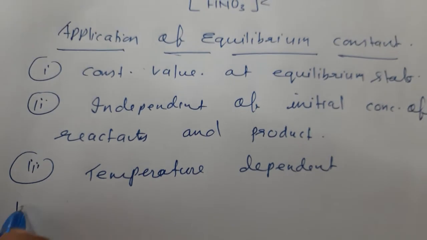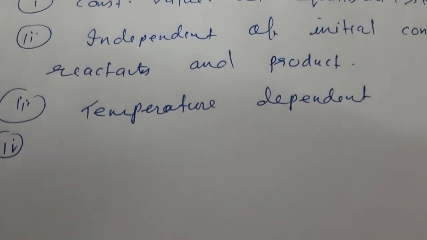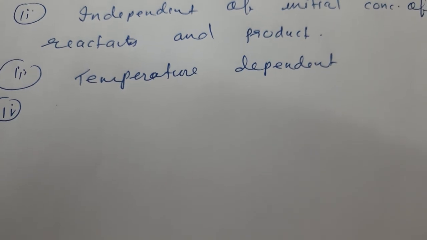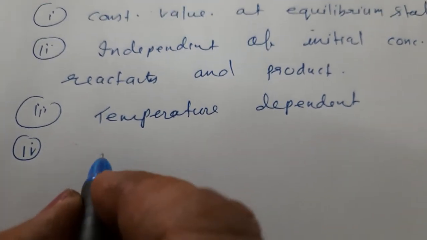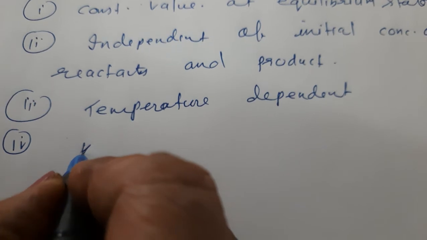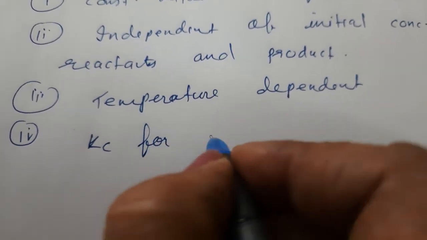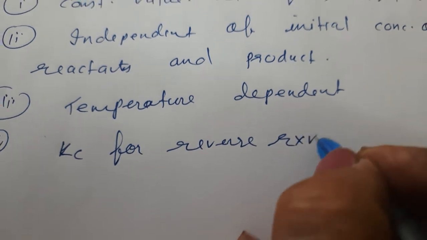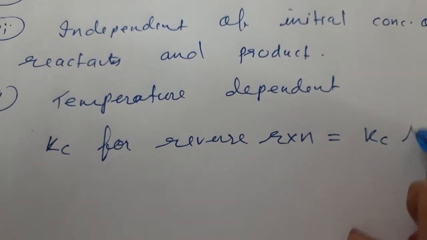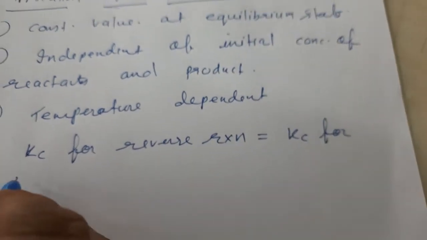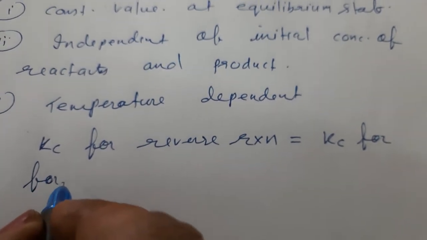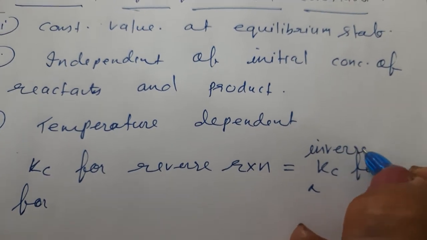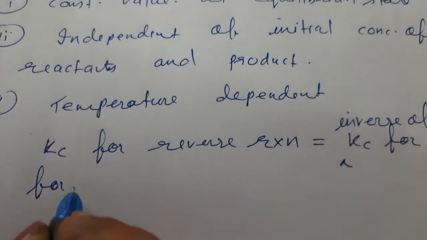Right? Then the fourth one is: the equilibrium constant for the reverse reaction is equal to the inverse of the equilibrium constant for the forward reaction. So Kc for the reverse reaction is equal to the inverse of Kc of the forward reaction.